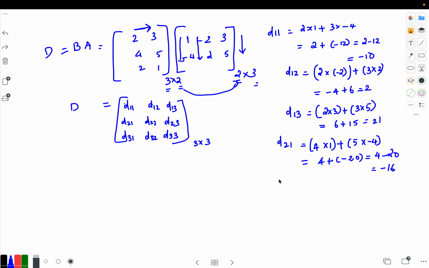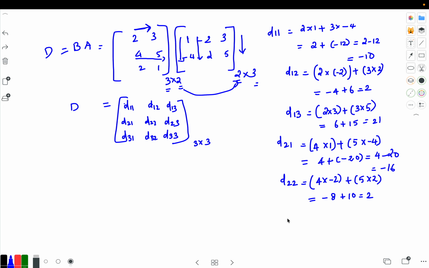Then D22, the second row with the second column, is 4 into minus 2 plus 5 into 2, which is minus 8 plus 10, that is equal to 2.